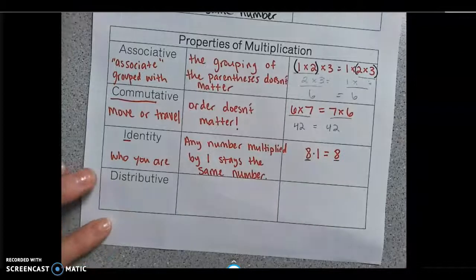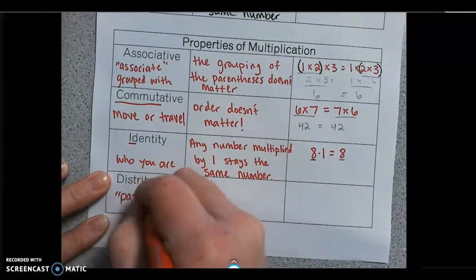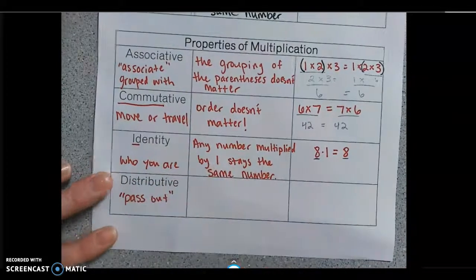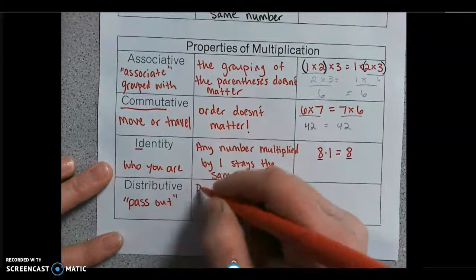Distributive, this is what we did yesterday. So distributive is when you pass out all of the numbers to the other numbers inside the parentheses.